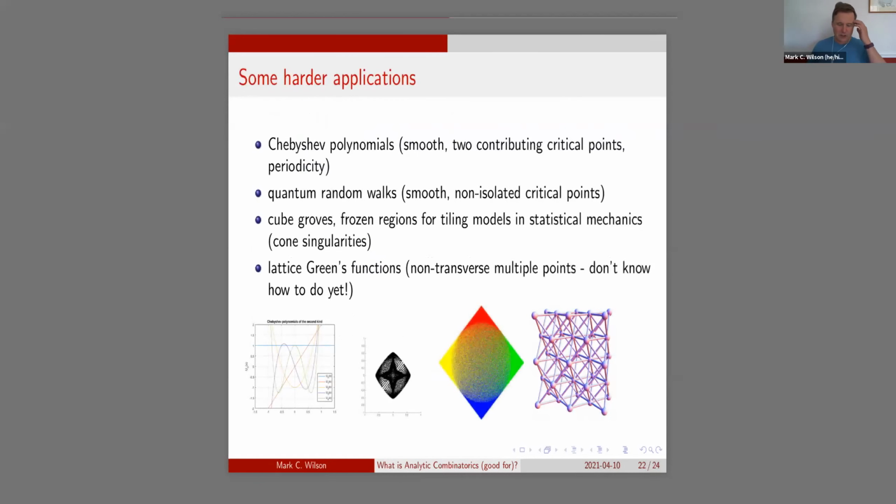Some harder applications we have an idea how to do, except for the last one where I don't know how to do it. You can deal with the case where there's more than one contributing point. You tend to get periodic behavior. Quantum random walks are a great example. There, instead of just isolated singularities that contribute, you get an entire torus full of them. But luckily the form of the generating function is nice enough that we can deal with that.